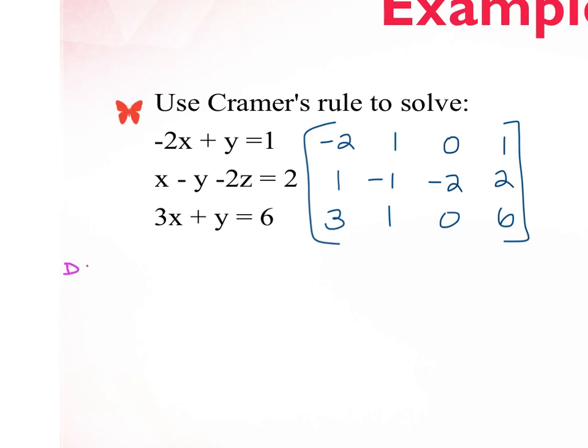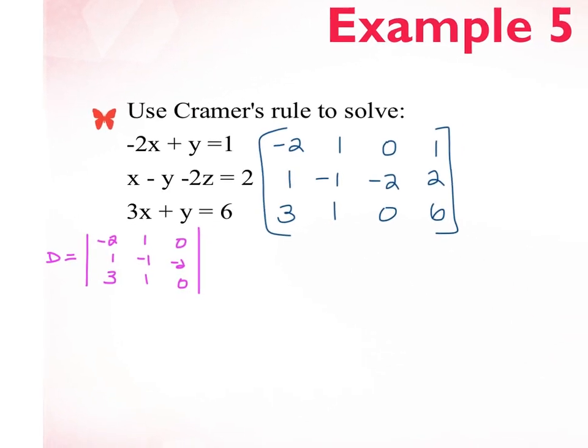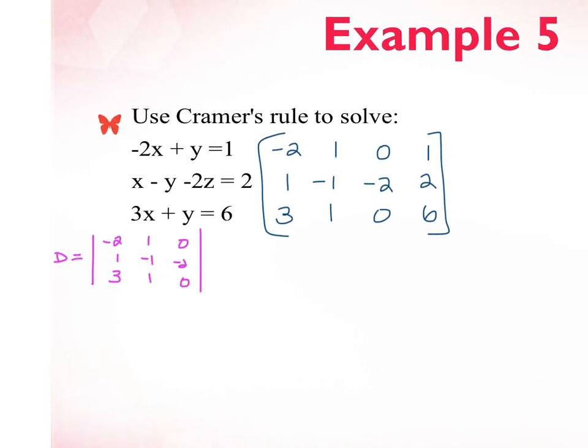So D is the x's, the y's, and the z's. I'm going to come back and do these determinants in a minute. D sub x, I replace the x's with the constants. So 1, 2, 6. The y's stay the same.